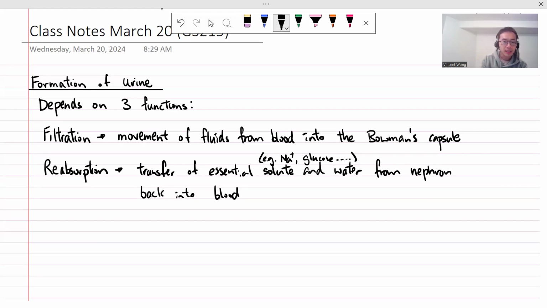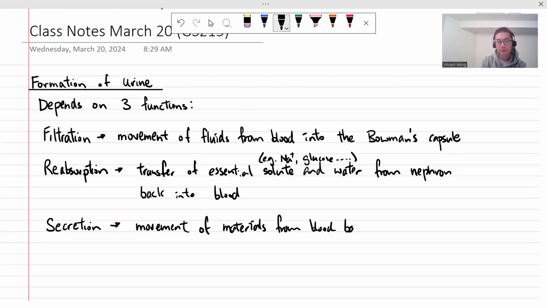And then finally, there's also secretion. In secretion, this involves the movement of material from blood back into nephron.